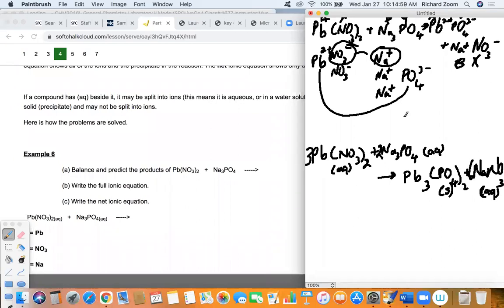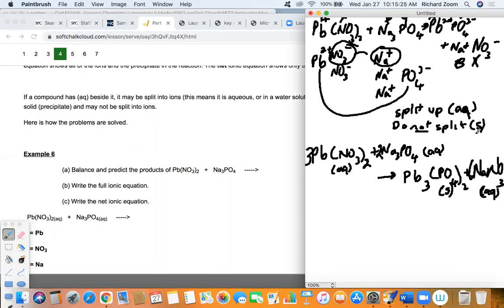With the full ionic and net ionic equation, we split up anything that's aqueous, because those already have ions split up, and we do not split solids.